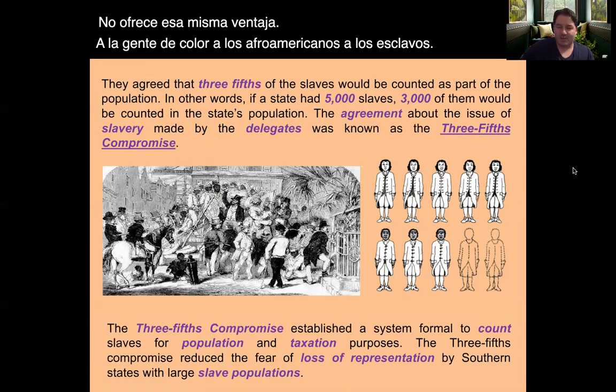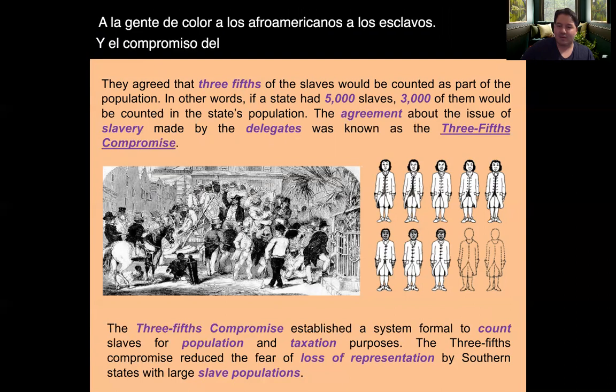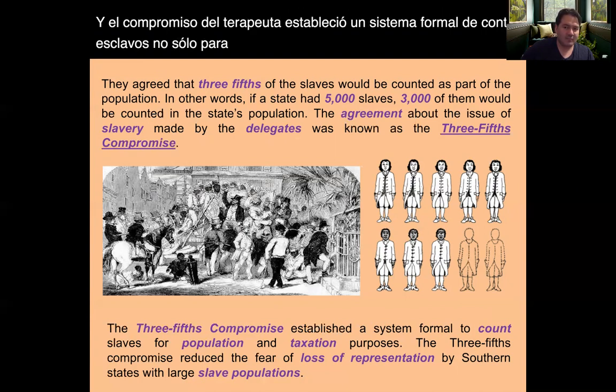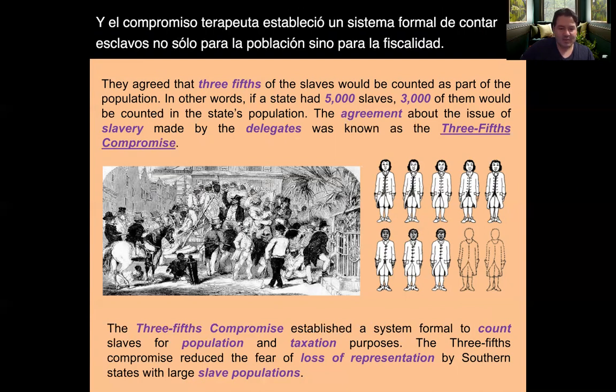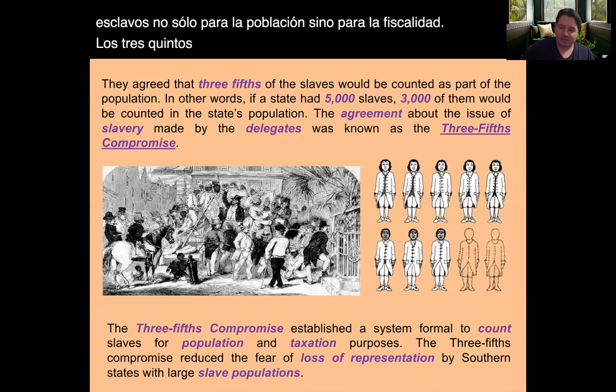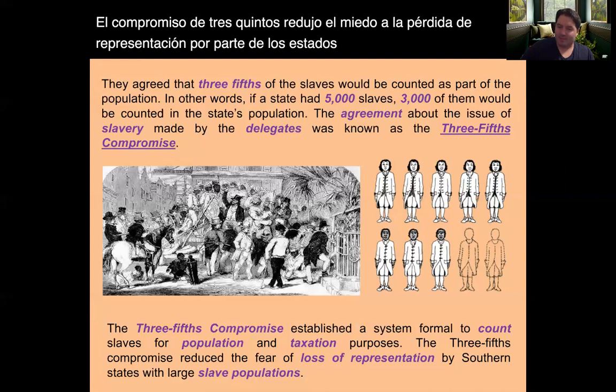The 3/5 Compromise established a formal system of counting slaves for not only population, but taxation. It reduced the fear of the loss of representation by the southern states with larger populations.